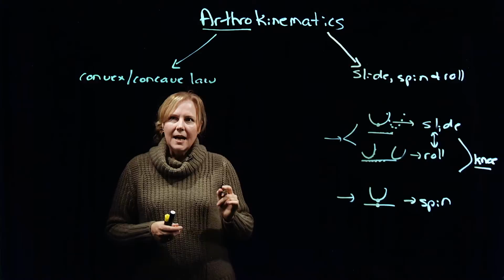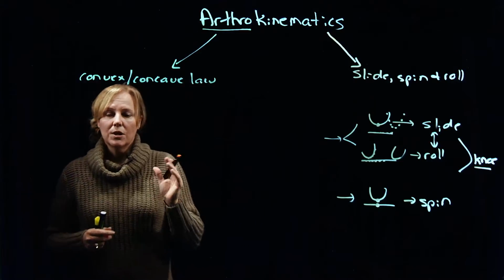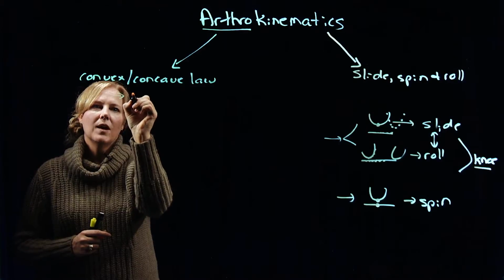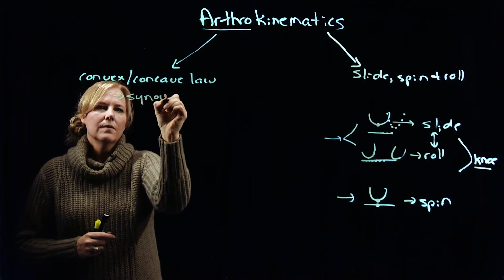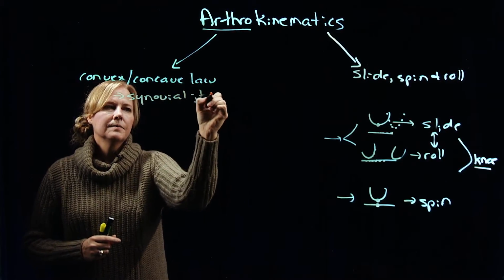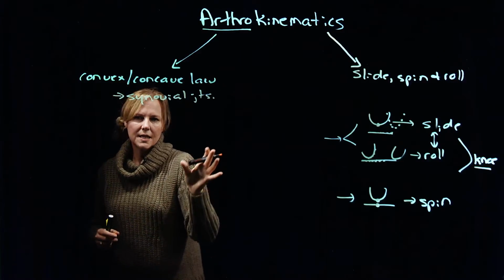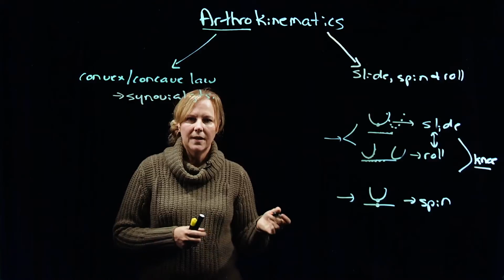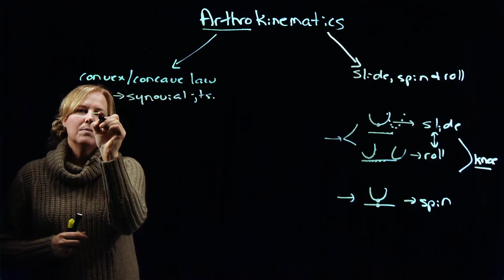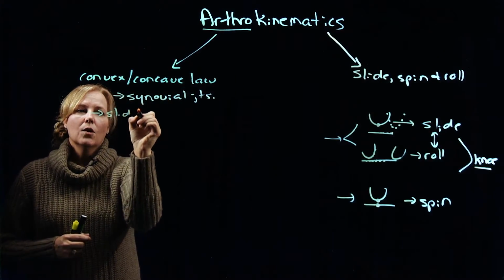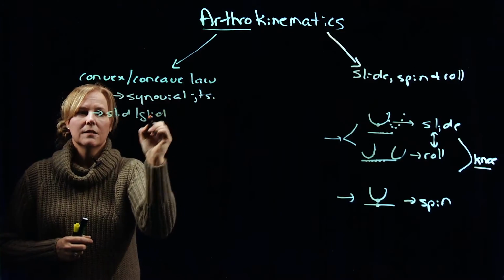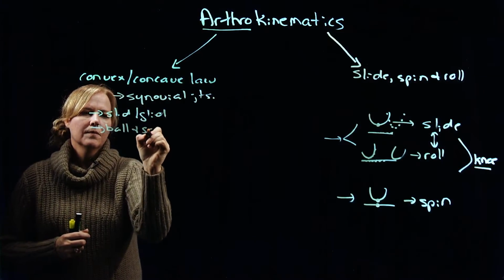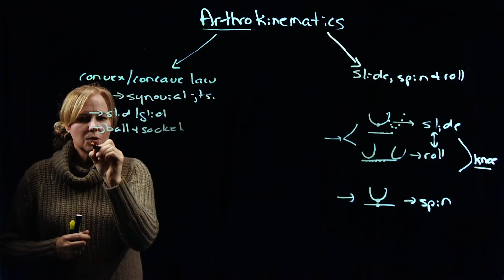When we looked at our joint classifications, we knew there were three major joint classifications. The one that this relates to is our synovial joints. You should know the set structure of a synovial joint, and you should know that the mechanical classifications of these can either be a sliding or a gliding joint. It can be a ball and socket. It can be an ellipsoid.